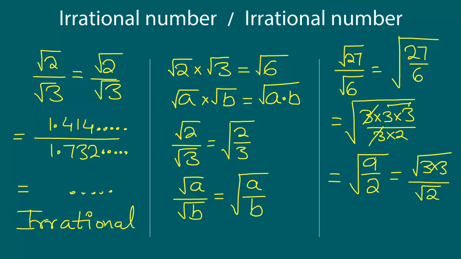Similarly, we have square root of a by b, we can write this as square root of a by square root of b, right? And then from here, we can say one of the 3's will come out, right? So we will have 3 times 1 because we will be left with square root 1, which is 1, by denominator is square root 2, or the answer is 3 over square root 2. So the answer to this question is 3 over square root 2.